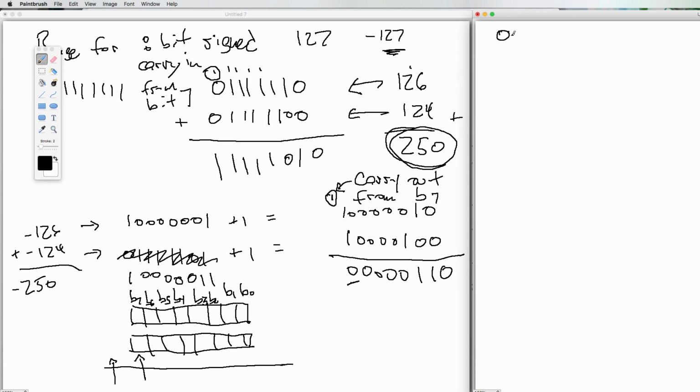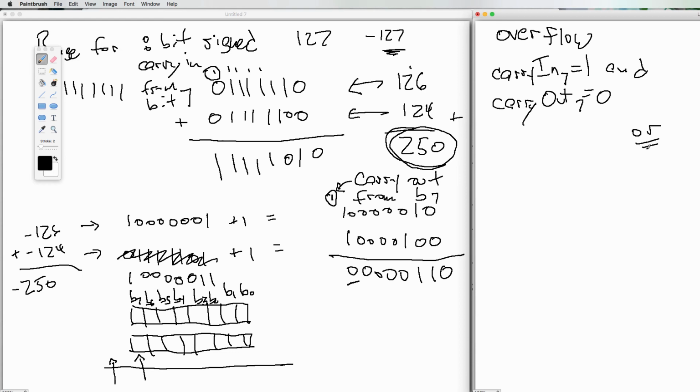So overflow. I'm going to say carry in on bit 7 is equal to 1, and carry out on bit 7 is equal to 0, or carry in on bit 7 is equal to a 0, and carry out on bit 7 is equal to a 1.